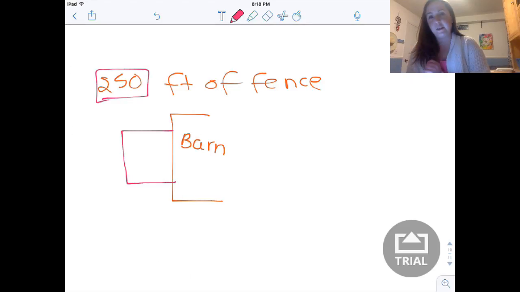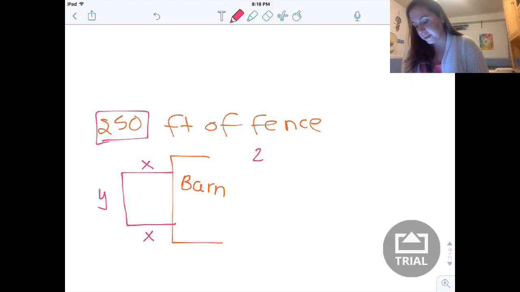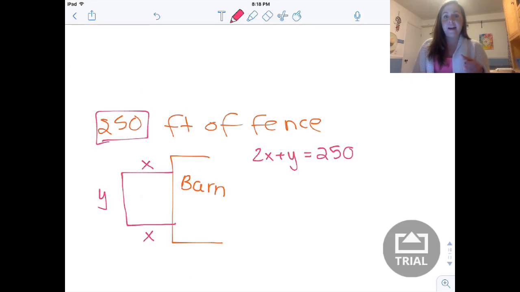I want the maximum area. So I would say, okay, this is x, this is x, those are the same, that's y. So the actual fencing here, the perimeter, is going to be 2x plus y. And that's going to equal 250. That's a constraint, right? That is the most fence that I can use. And if I use that whole fence, that's better than not using it, which is why it's an inequality. So then area is going to be x times y.